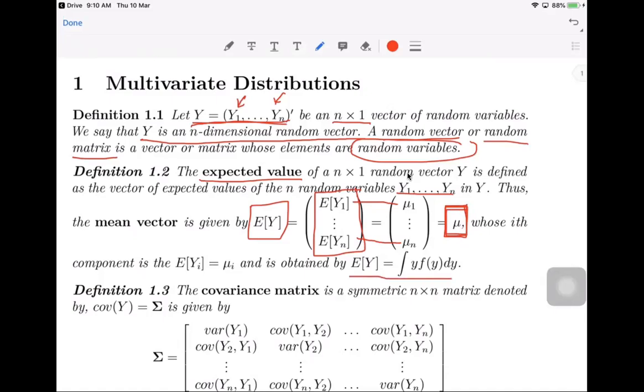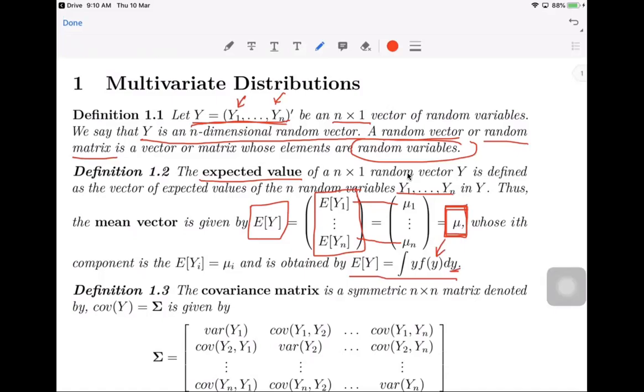Mathematically, you can solve the expectation, if your random variable is continuous, by getting the integral of y times its probability density function, f of y, dy.